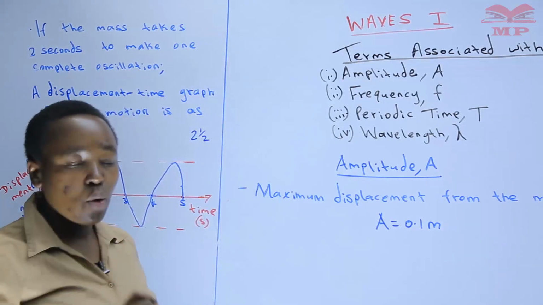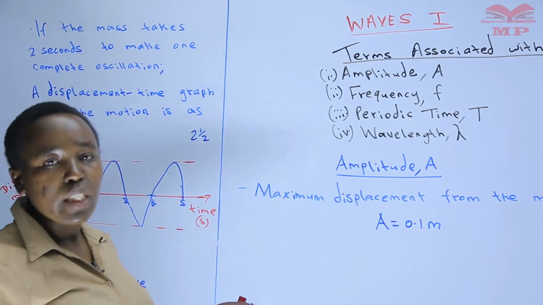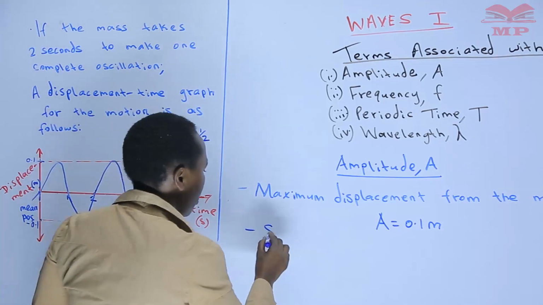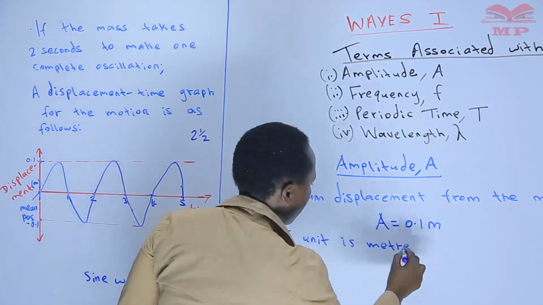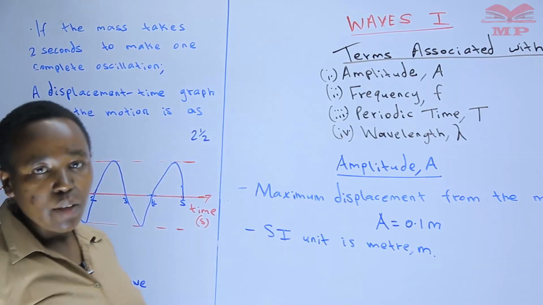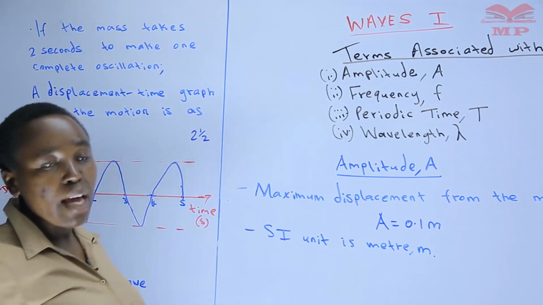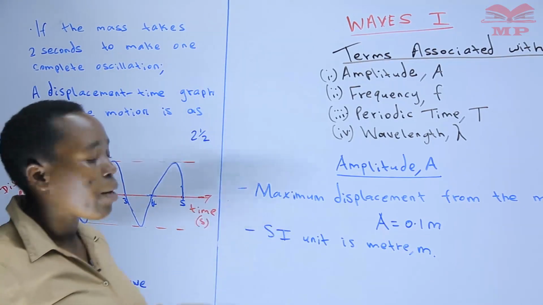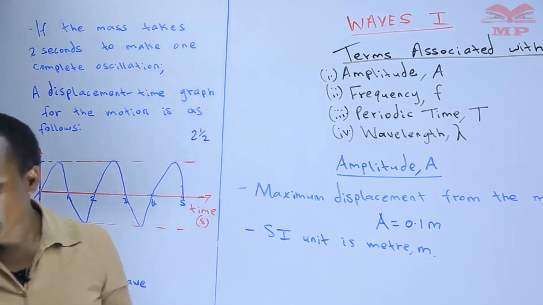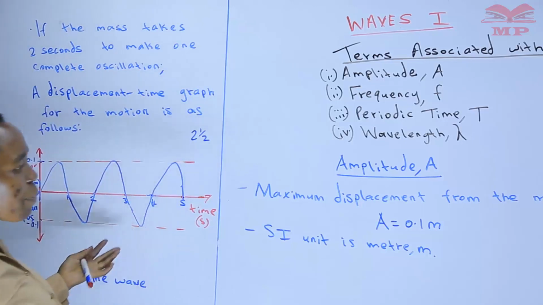I would also like you to note that the SI unit of amplitude is meters. Being a displacement, and we know that the SI unit for displacement is meter, the SI unit of amplitude will be meters.